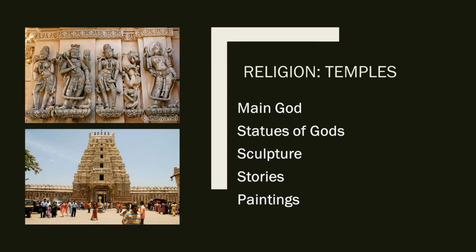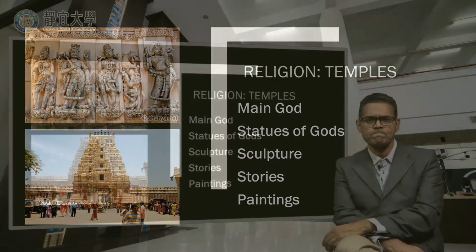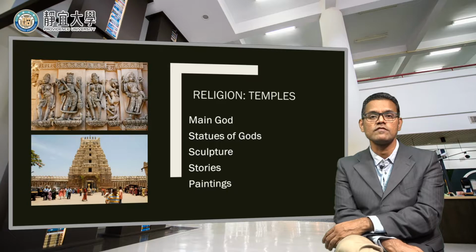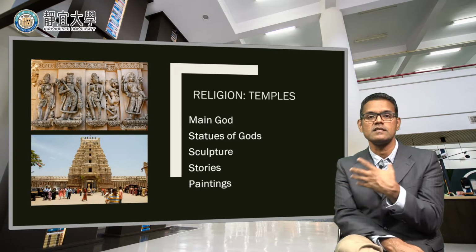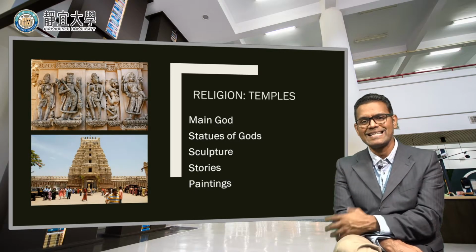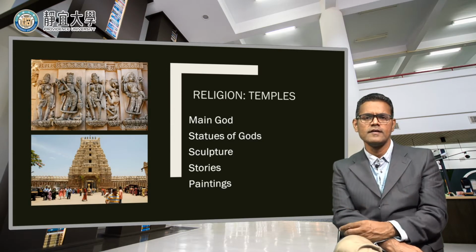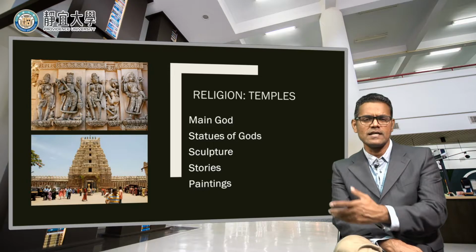The statues are made or carved out of rocks, like stone statues, right? They spent a lot of time carving those shapes, the figures, and again, these are the statues of different gods, and these statues tell a particular story of a god, or a story of the temple.